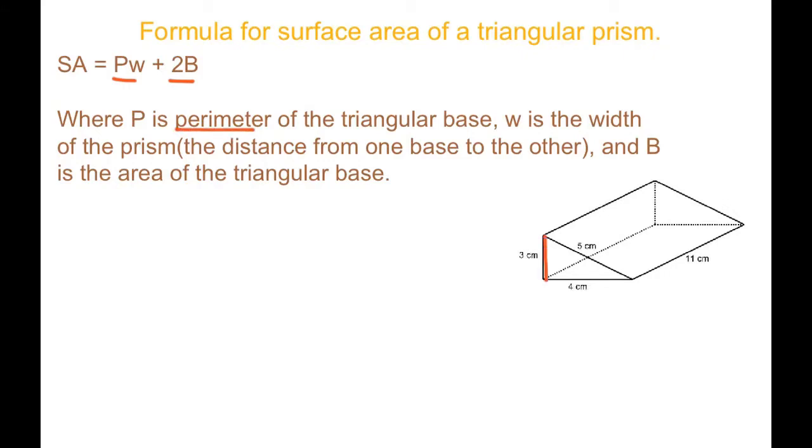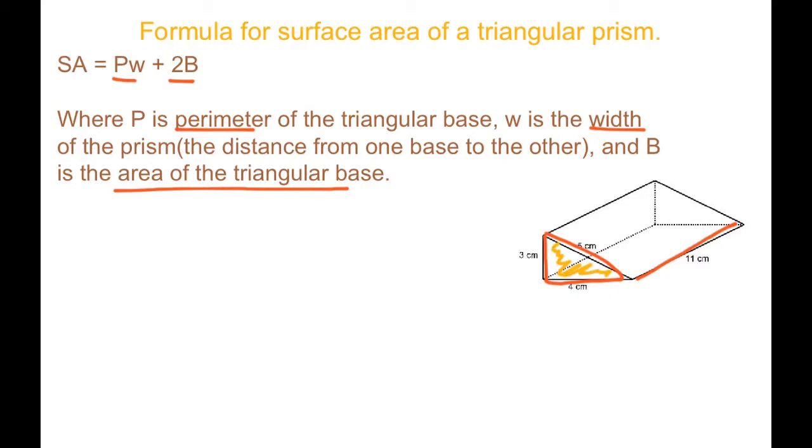So the perimeter would be the distance around the triangle. W is the width of the prism, the distance from one base to the other, so from here to here. And B, capital B, is the area of the triangular base, so the area of that triangle.